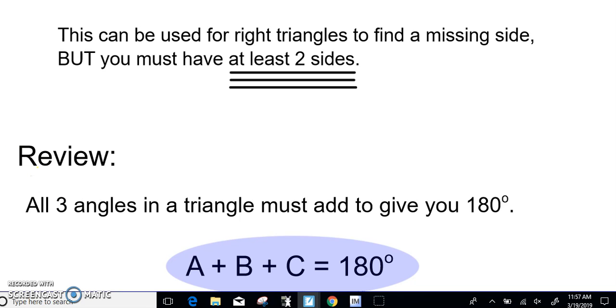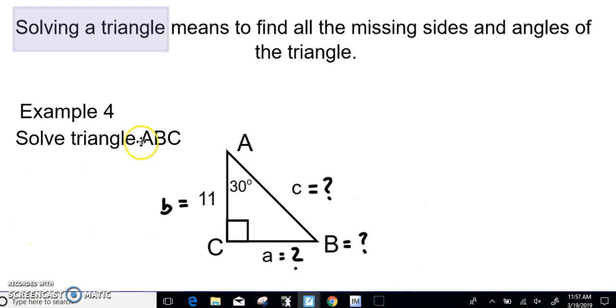So here, when it comes to this problem, we need to find the parts that are missing. We're going to find side C, find side A, and find angle B. All 3 of these pieces we must find.